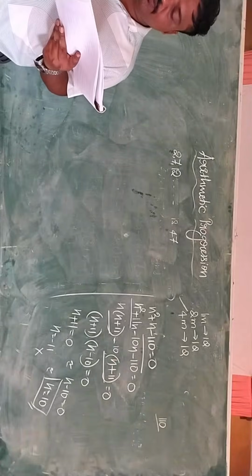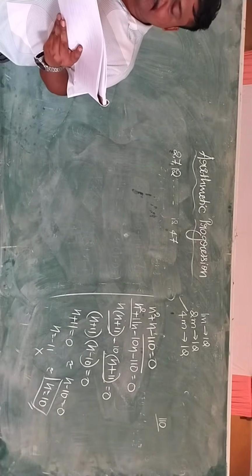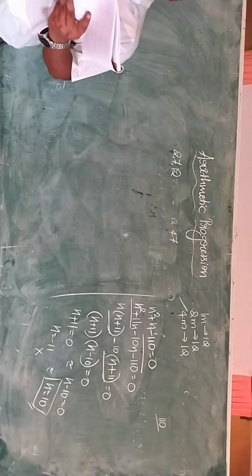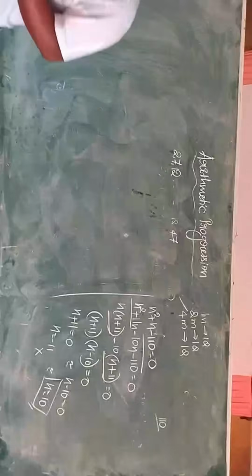Full stop, continue. If the sum of first five terms of the progression is 80, then find the progression. Let me repeat: the sum of first six terms in an arithmetic progression is 114. If the sum of first five terms of the progression is 80, then find the progression.